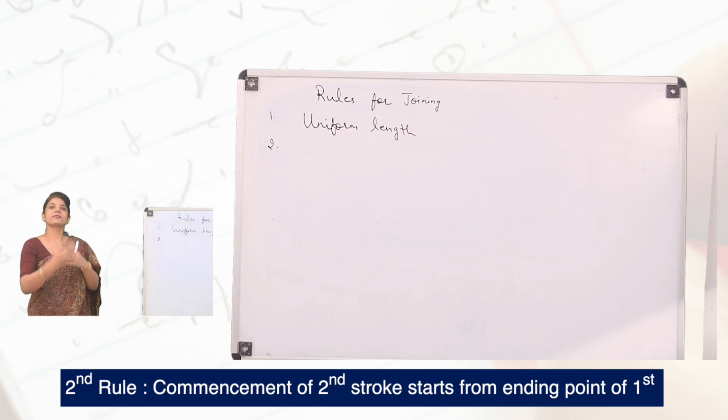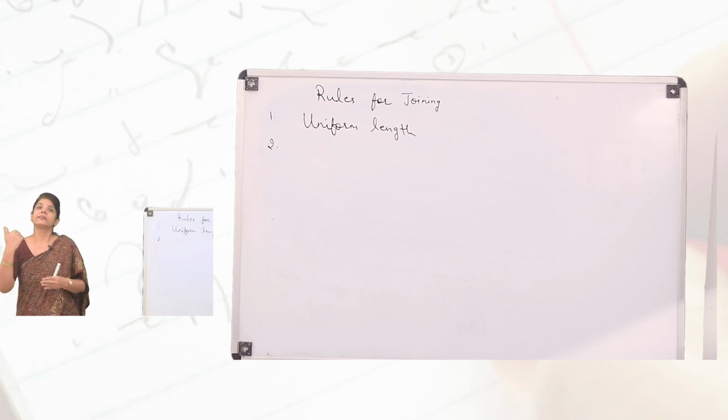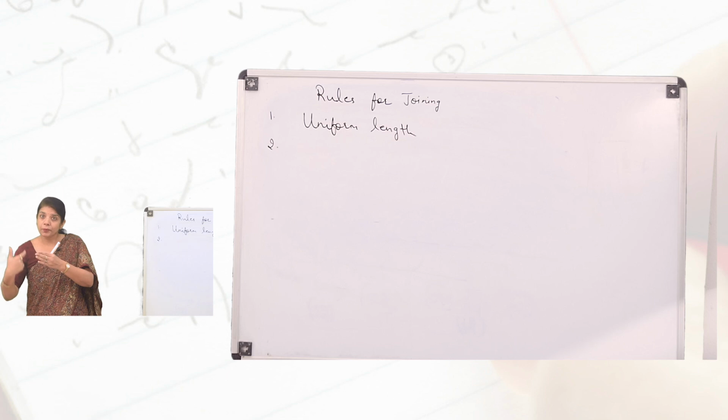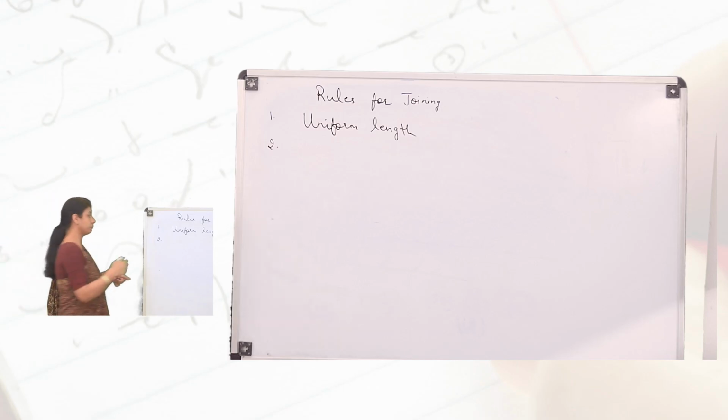In simple words, wherever the first stroke ends, from that point the second begins, and wherever the second stroke ends, it is the beginning point of the third one. I'll give you an example here. Please see here.